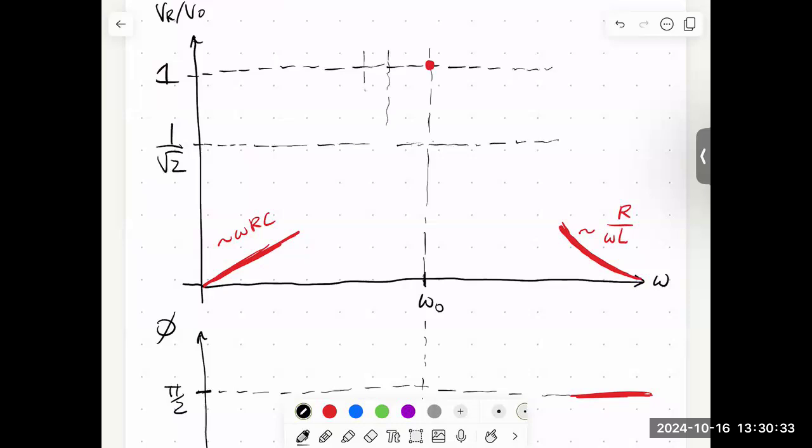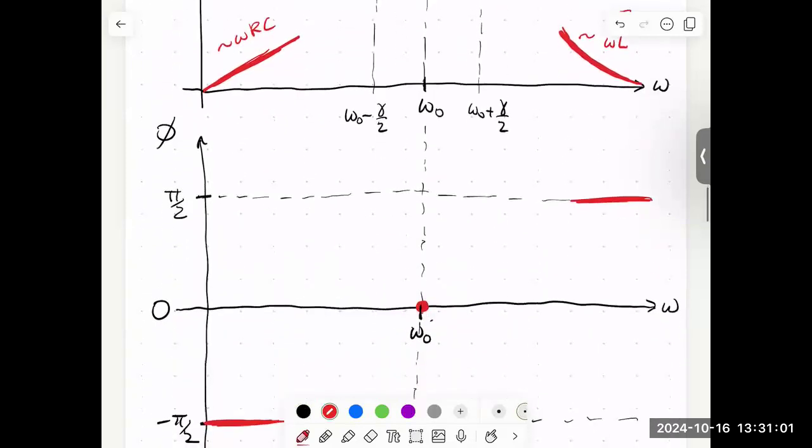I'm going to adjust a little bit where I was going to put that. So there's a line here. This is going to correspond to omega naught minus gamma over 2. And then there's a symmetrically placed line on the other side where this is omega naught plus gamma over 2. Okay, and so what we're going to have is a point here and a point here.